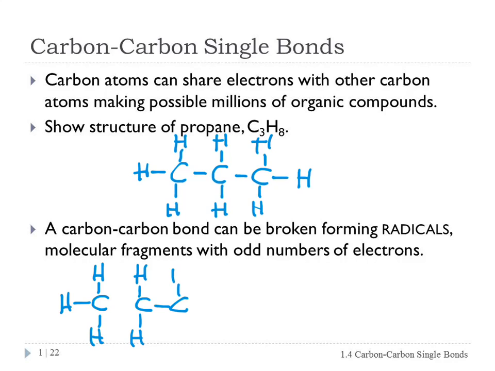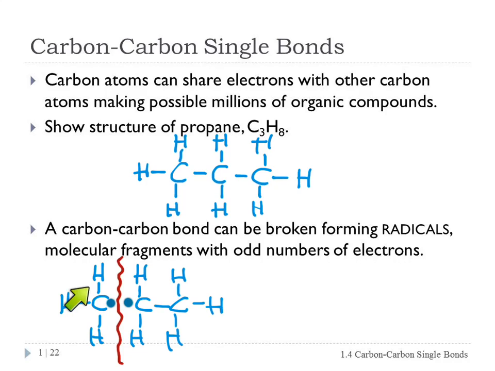So here's the rest of that. And this bond right here is 2 electrons being shared. So when we break that bond, what do we have? We have this carbon with a single electron on it. I'm going to just draw a squiggly line in here because these guys are separated now.